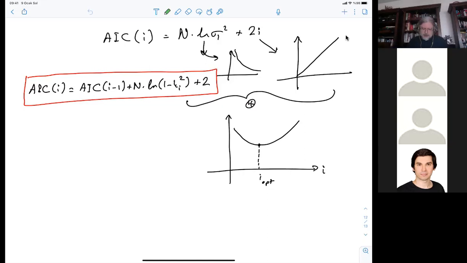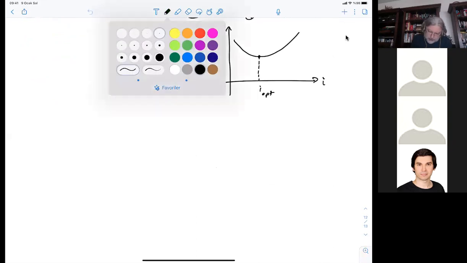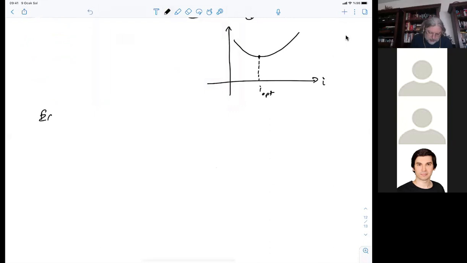So I will start by doing one example, and then I will continue with some other aspects of predictive coding. The example that I will show you is as follows.